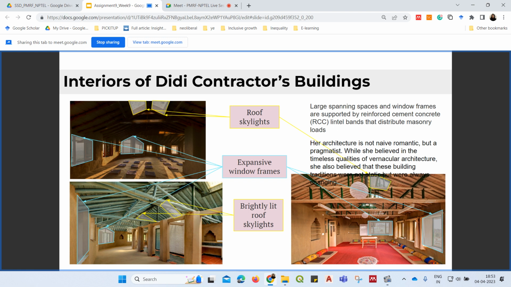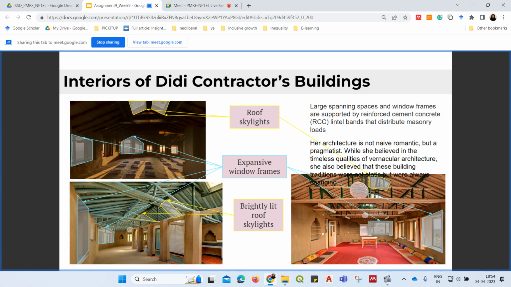So in order to have larger areas, you need large spanning spaces with large windows, having large window frames and things like that. So in many cases, she uses RCC as well, so that lintel bands can be created, so that the masonry load is distributed accordingly, as such large spanning spaces are not possible to be constructed with just the locally sourced material.